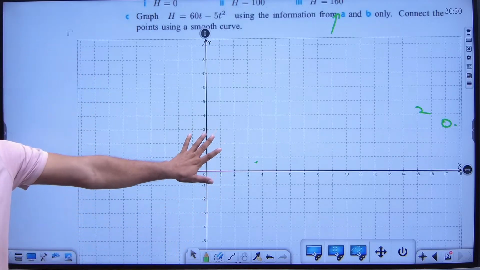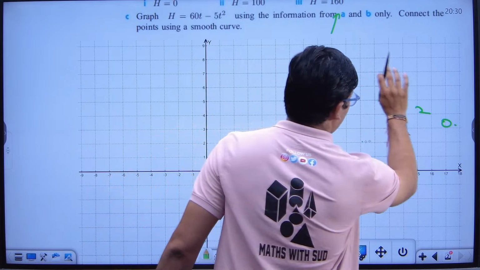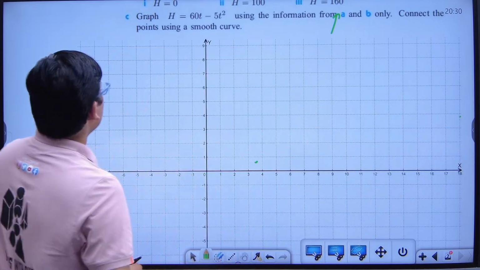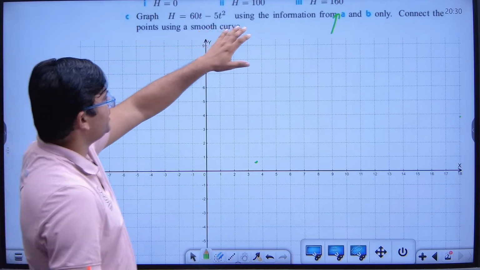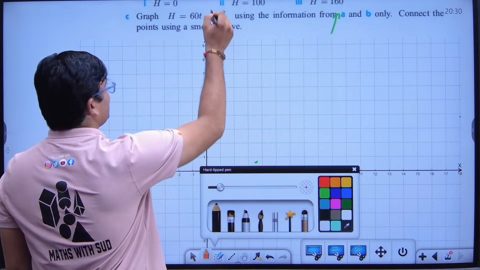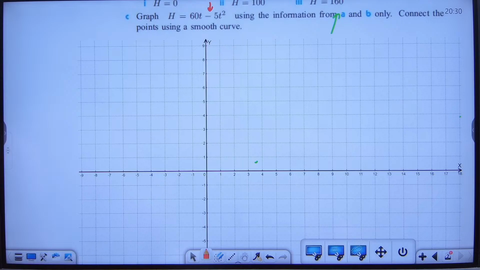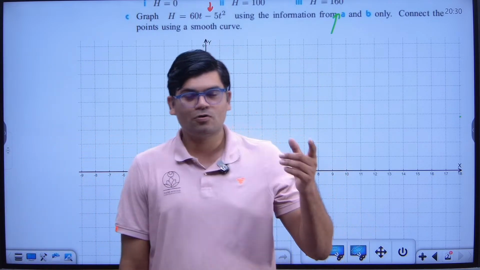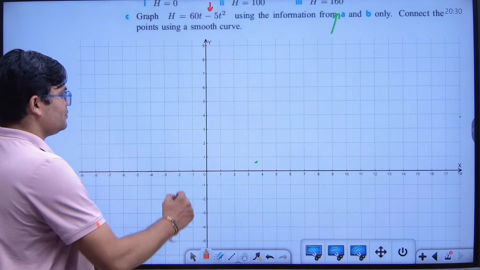Can you see this graph? Is the value visible to you properly? Now see this graph: h is equal to 60t minus 5t square. First of all, the first thing that should come to your mind is that the coefficient of t square is negative, so this graph will be concave down.